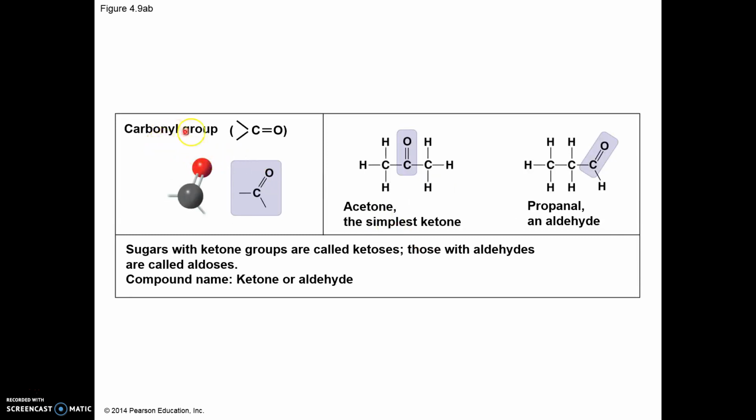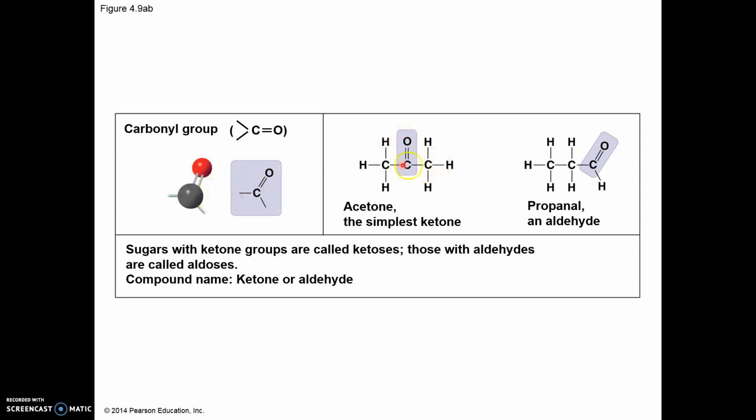Here we have a carbonyl group, oxygen double bound to one of the carbons. This again is very electronegative and tends to be fairly reactive due to the double bond here. Double bonds, particularly when they're seen with oxygen, tend to be somewhat reactive. Compounds that contain these are called ketones or aldehydes.